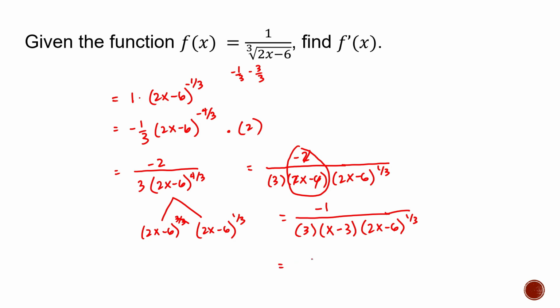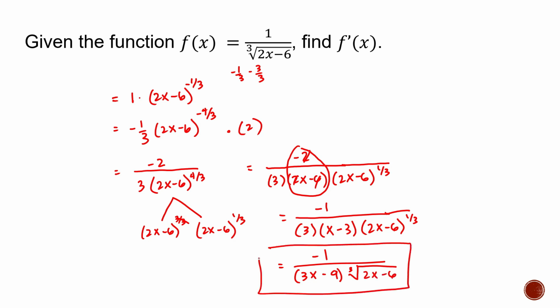Our final answer is negative 1 over 3x minus 9. We can convert this to a radical: cube root of 2x minus 6. There you go.